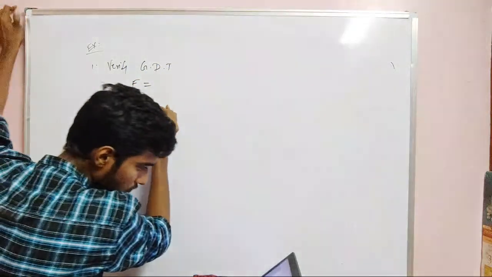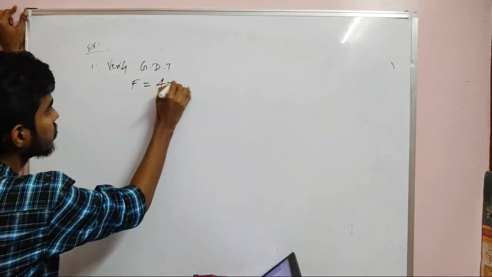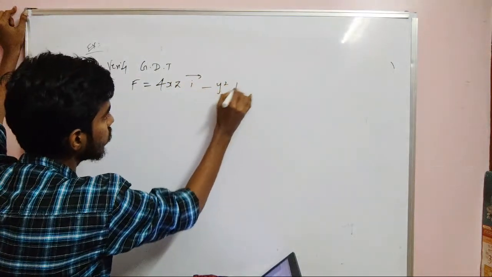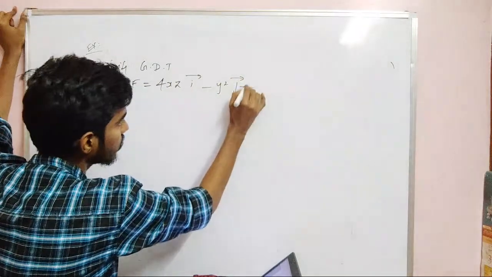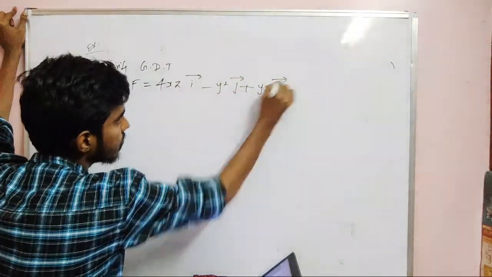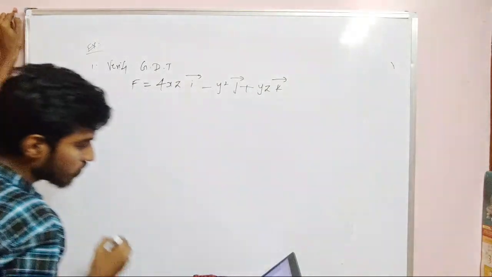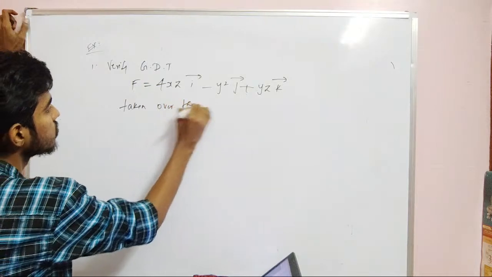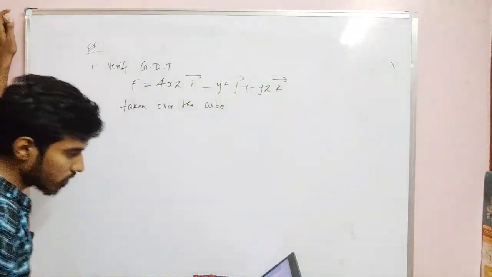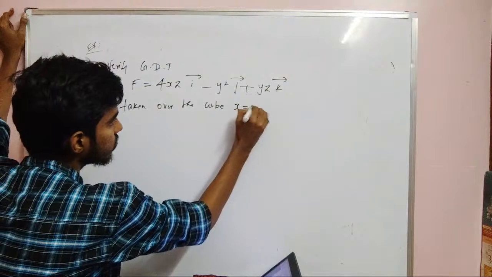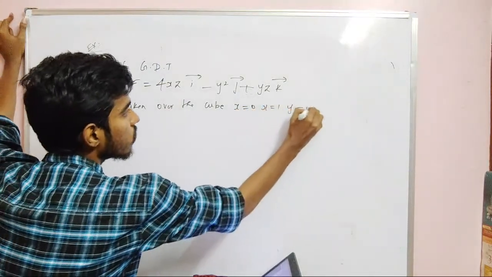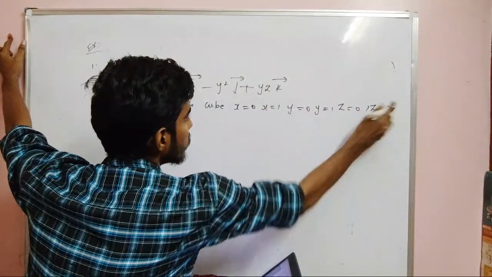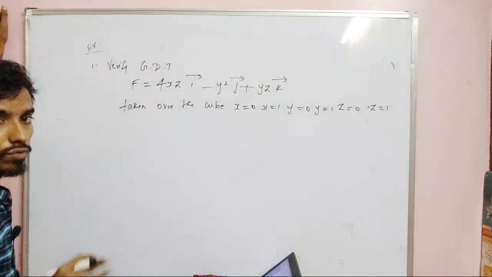Our F is 4xz i vector minus y square j vector plus yz k vector, taken over the cube x equal to 0, x equal to 1, y equal to 0, y equal to 1, z equal to 0, z equal to 1. So you just have to verify the Gauss divergence theorem.